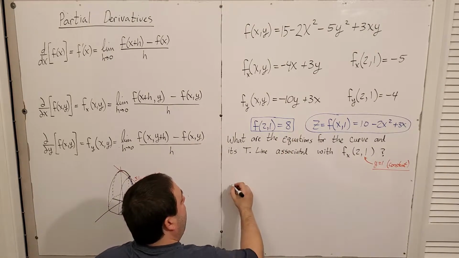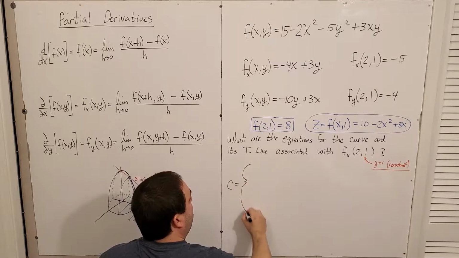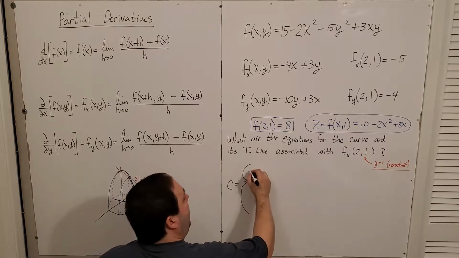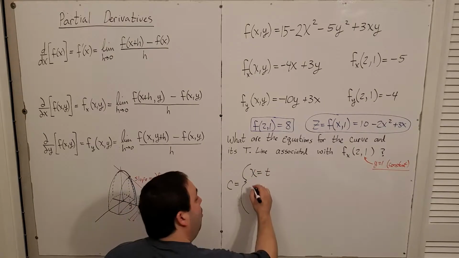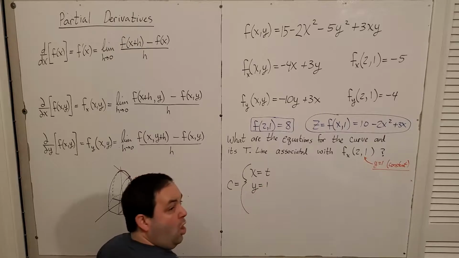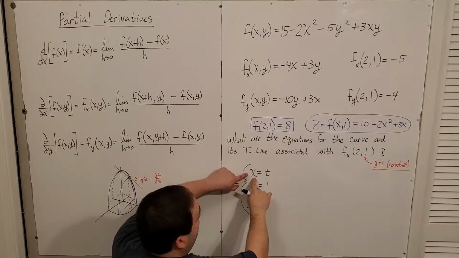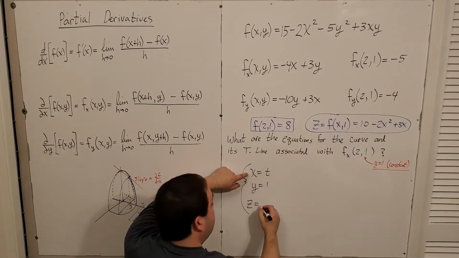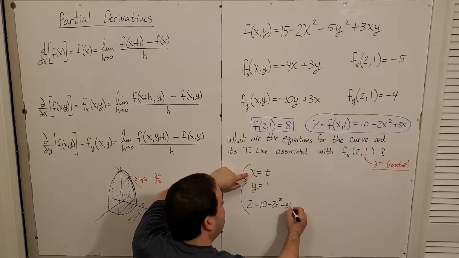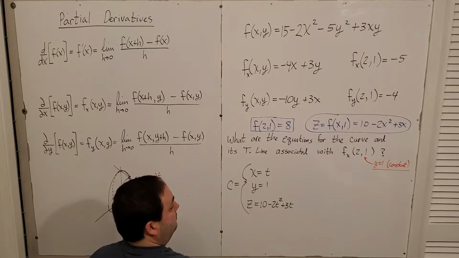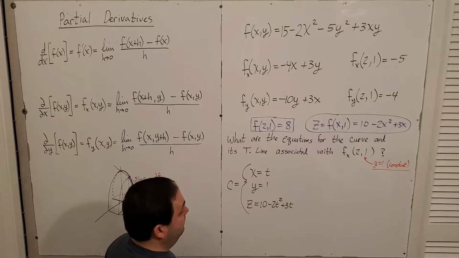So my curve, I'll call it C, is equal to the set of parametric equations where x is just the variable t, y is held constant at 1, and z is equal to, well, x is just t, so 10 minus 2t squared plus 3t. So there's the intersection curve.